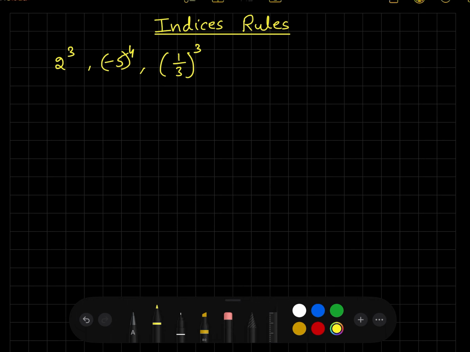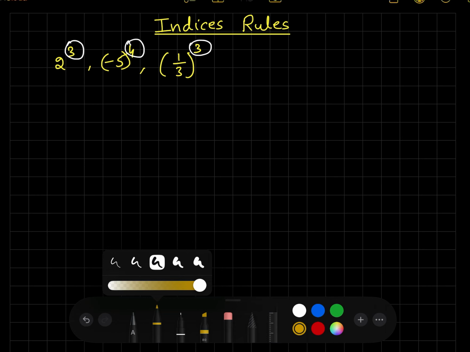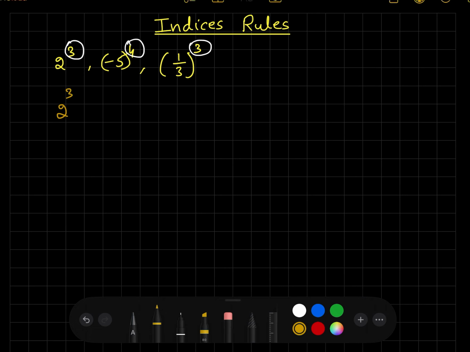The 3, 4, 3 we can see here are all the powers. In a number like 2 raised to 3, 2 is the base and 3 is the index. This we should remember.